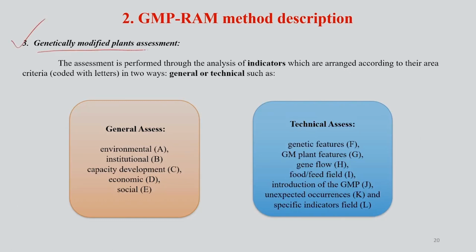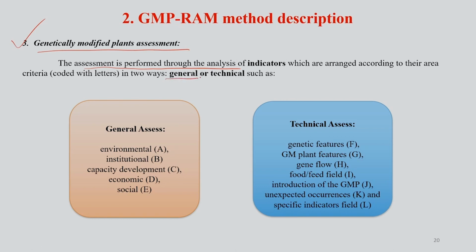Third step, genetically modified plants assessment. The assessment is performed through the analysis of indicators which are arranged according to their area, which are written in a coded mechanism, and these indicators or coding is done in two ways.